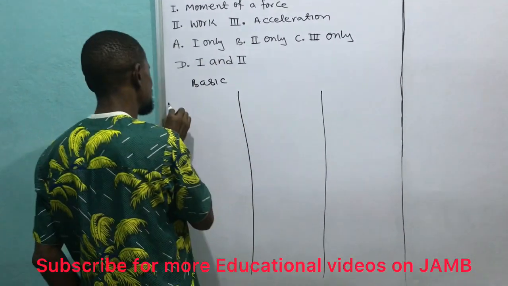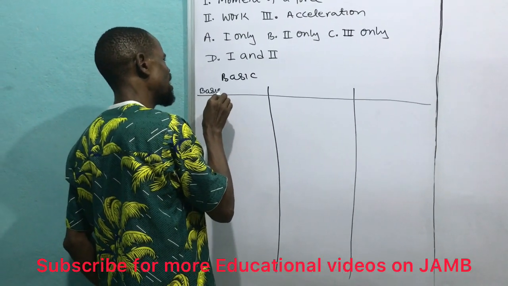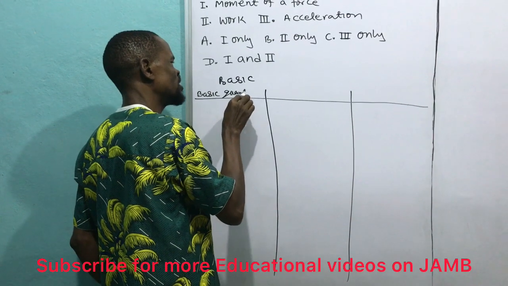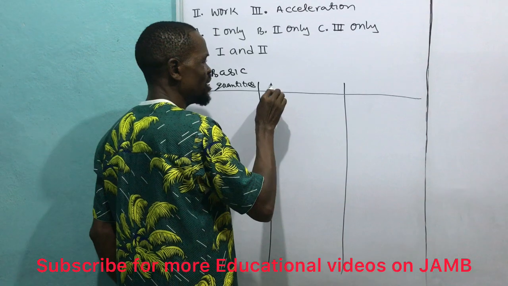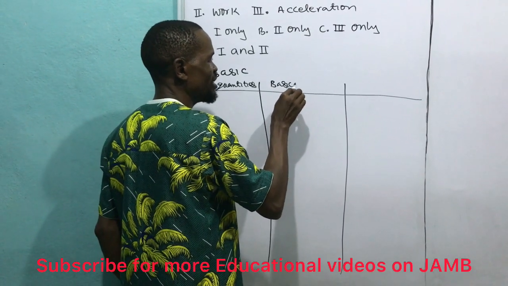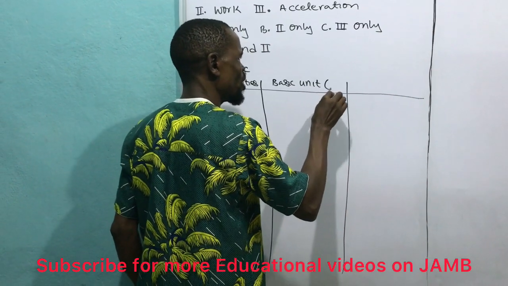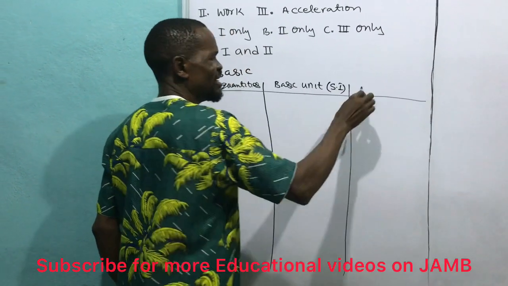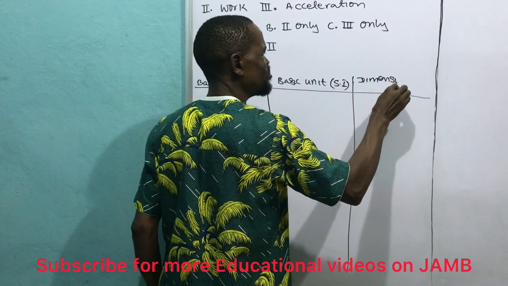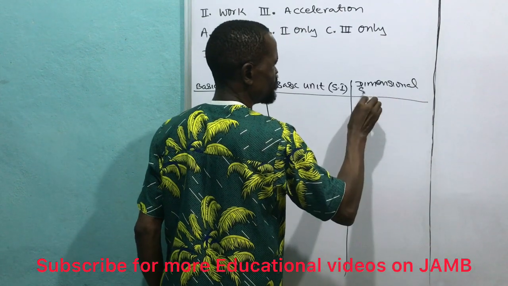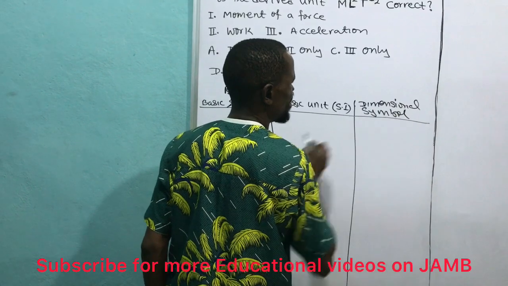Here we have the basic quantities, and these are the basic units, or what we call SI units. Then this one is the dimensional symbol. Let's look at it. This is the dimensional symbol.